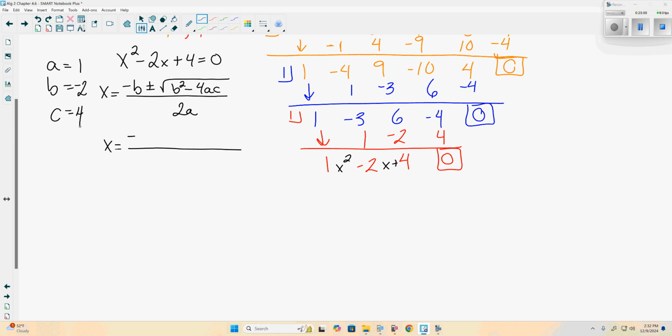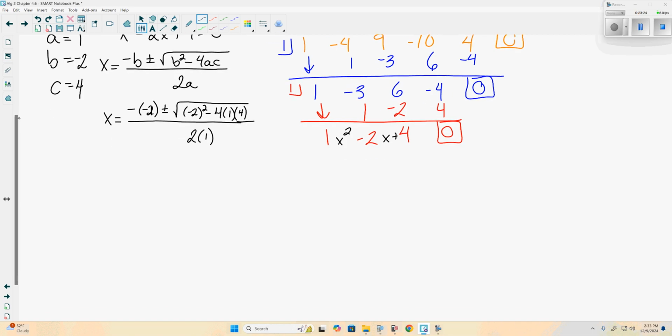And c is our number without x, which is 4. And we plug it in, so negative b, so negative negative 2, plus or minus the square root of b squared, so negative 2 squared, minus 4, times our a value of 1, times our c value of 4, all over 2 times a.